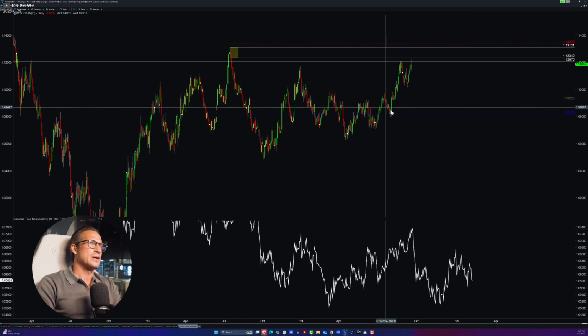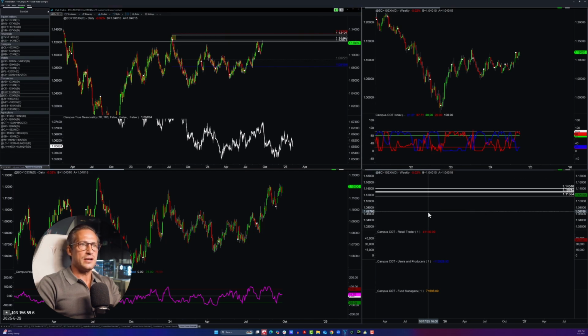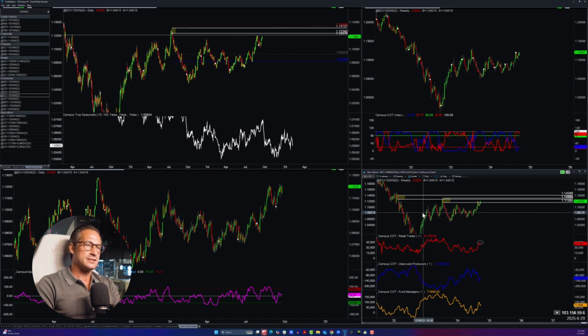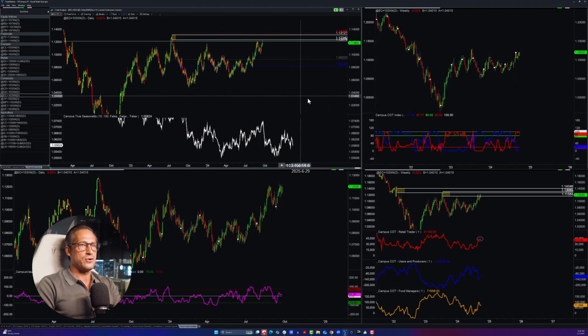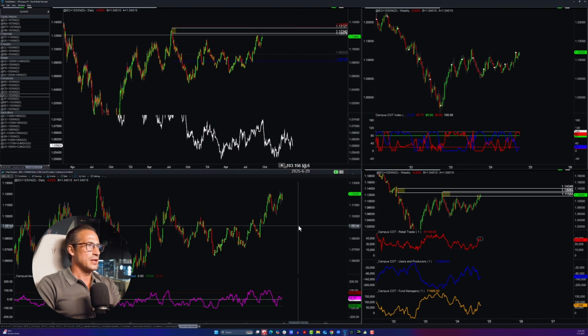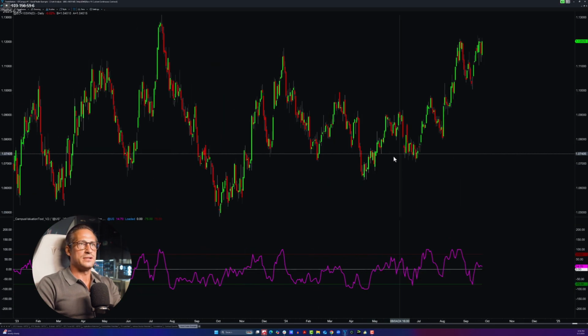But what about trend, by the way? We can also quickly look at trend. This might get a little bit complex, so let me show you on this chart here quickly. On the daily chart, we have a clear uptrend.